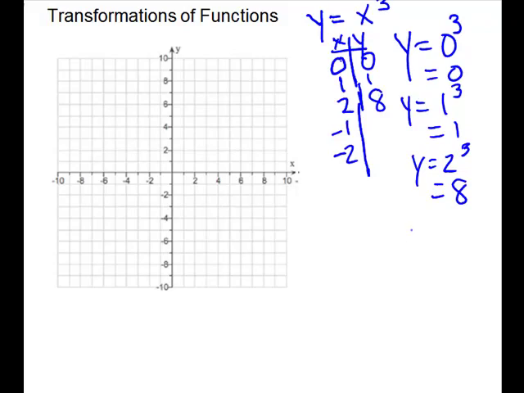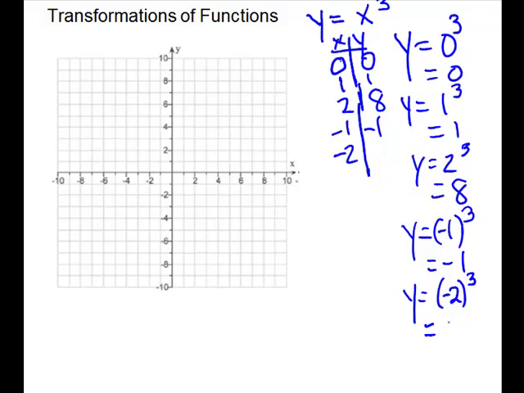All right, when we pick negative 1, the negative goes to the power, but it's odd, so it's still going to give you negative. And same is true with the negative 2. The negative will go to the power, but it's odd, so it will give you negative.